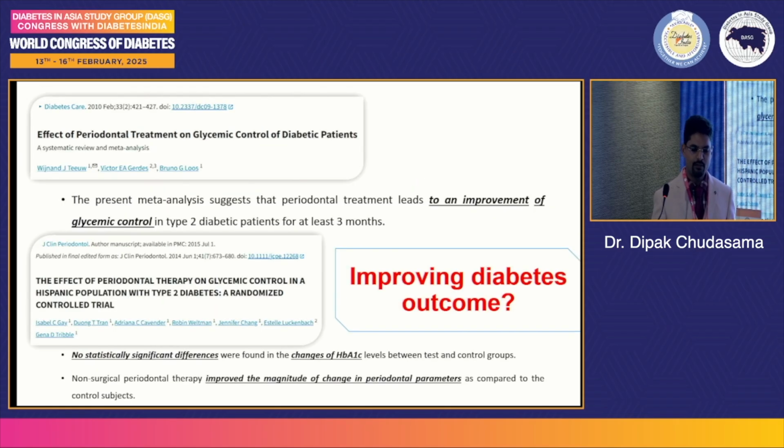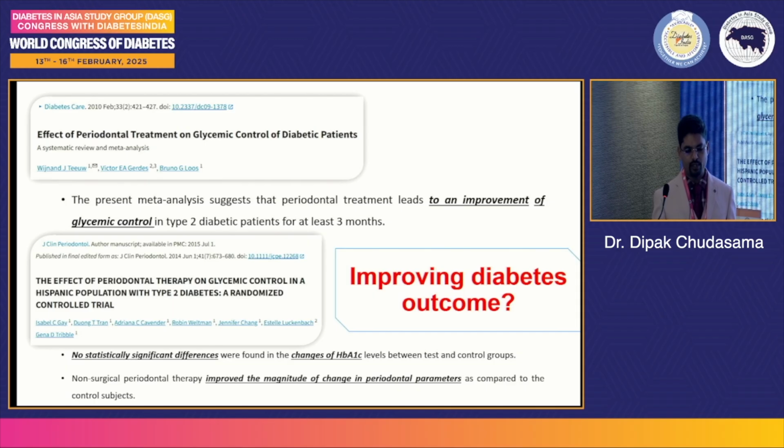Another study, in Diabetes Care 2010, on the effectiveness of periodontal treatment on glycemic control of diabetic patients, suggests that, in a meta-analysis, periodontal treatment led to an improvement in glycemic control in type 2 diabetic patients for at least 3 months. So this is in support of treatment.